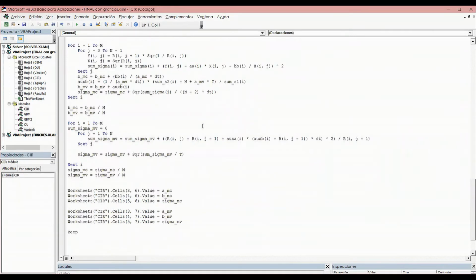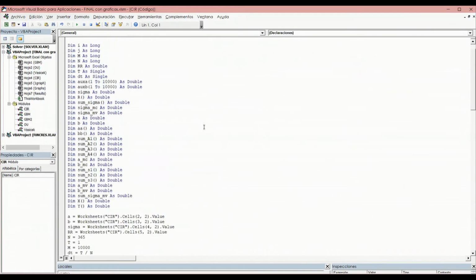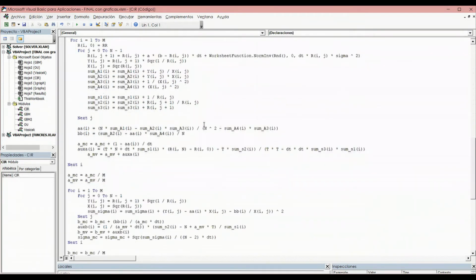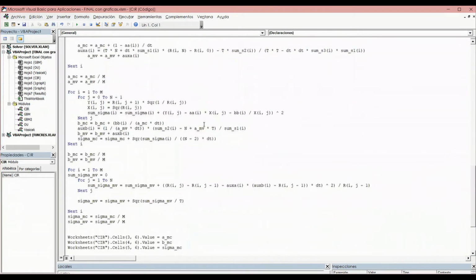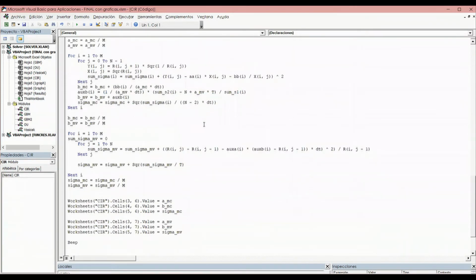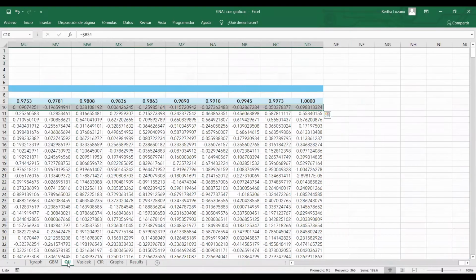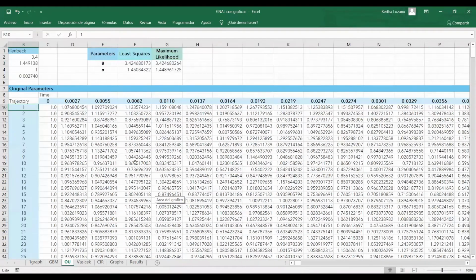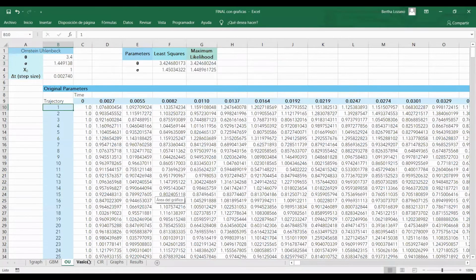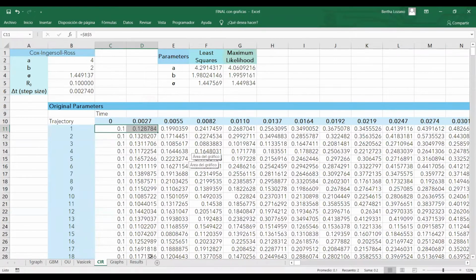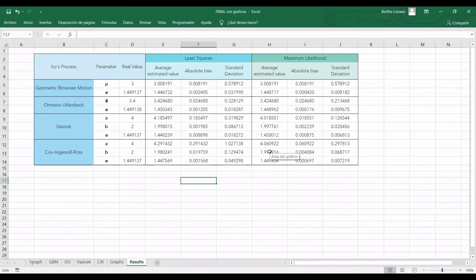And last but not least, the Cox-Ingersoll-Ross, that it's similar to the previous one. So the function takes the parameters from here and prints them here. Here's for the geometric Brownian motion, here's for the Ornstein-Uhlenbeck, Vasicek, and Cox-Ingersoll-Ross. And here we have a table with all the results.